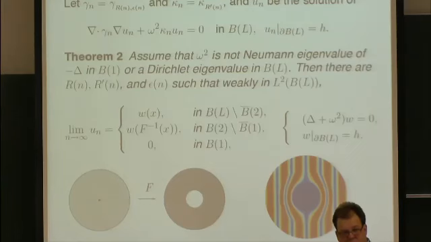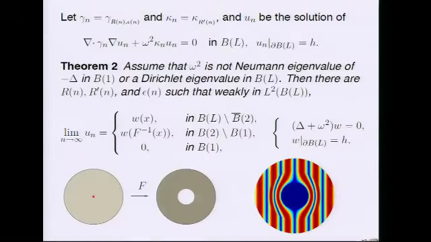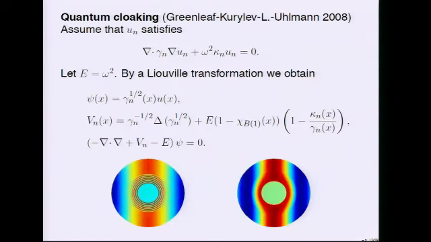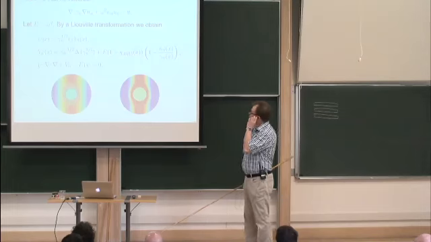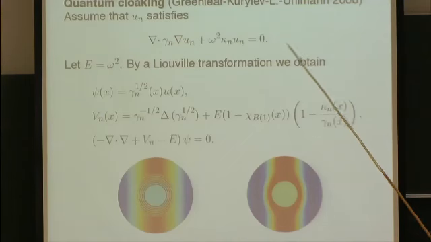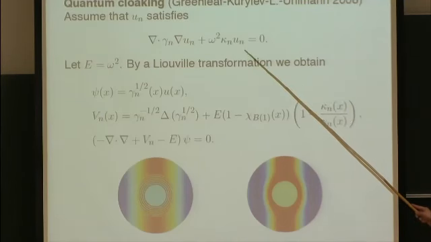So why did we want to study these isotropic cloaks? The reason is that in inverse problems it's very typical that we jump from one physical system to another. And now I want to consider these results in the context of quantum mechanics. So I will do the standard Liouville transformation. What we do is start from this acoustic equation.